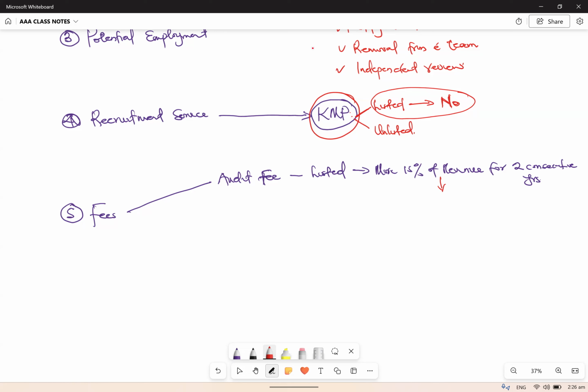But in this case, the audit firm is also supposed to disclose how much it is taking from the client. And once that happens, an independent review will be done by the regulatory body on any work that you do. So ICA is supposed to do an independent review of that.